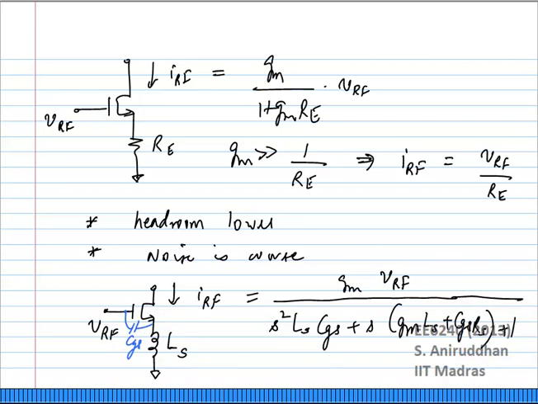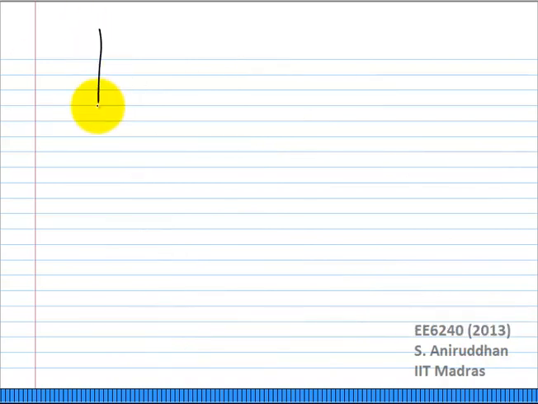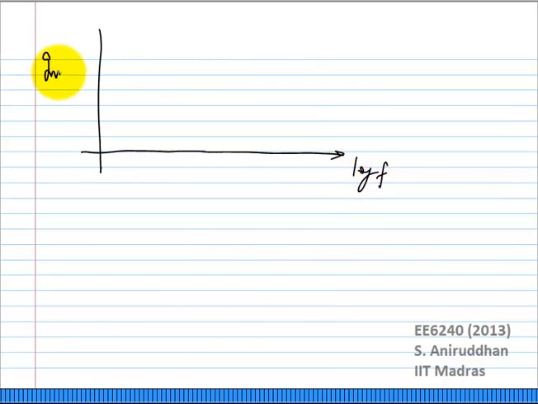If you look at the effective transconductance, again in a log scale, it will look something like this, and depending on the relative values of Ls and CGS and so on, you can have other peaking behavior also, but we'll look at the simplest behavior, which looks like this.